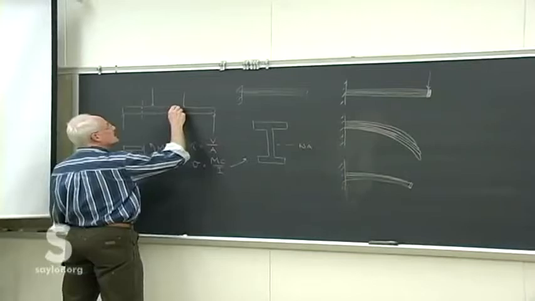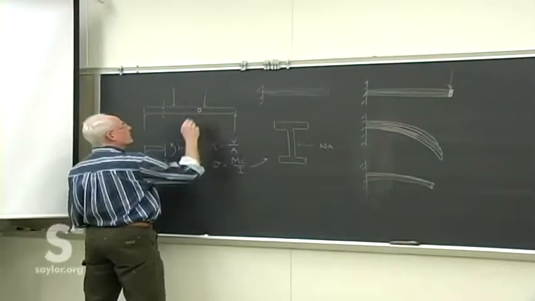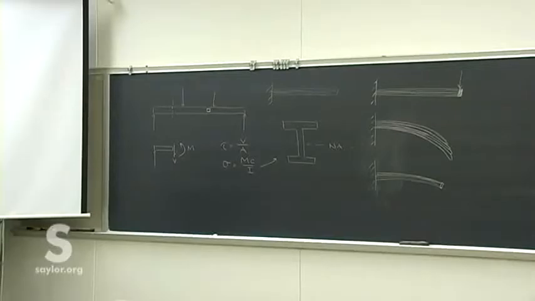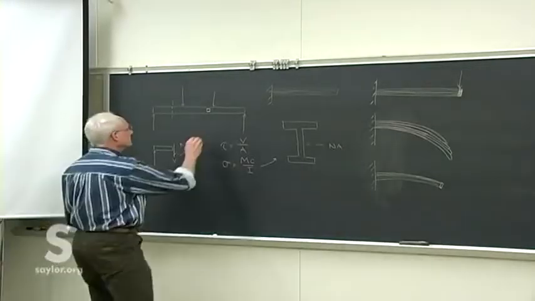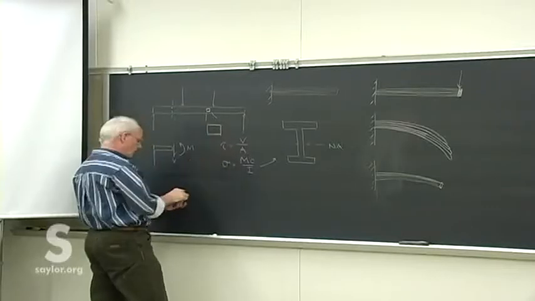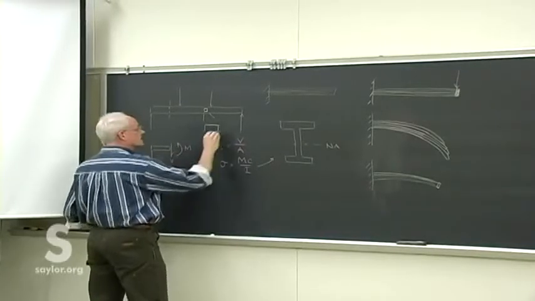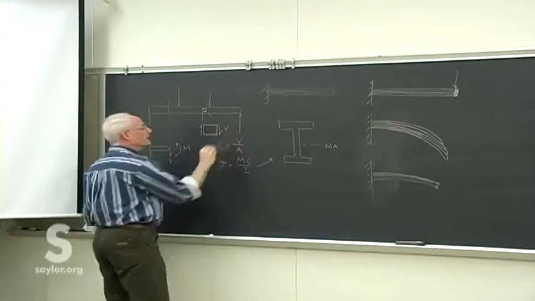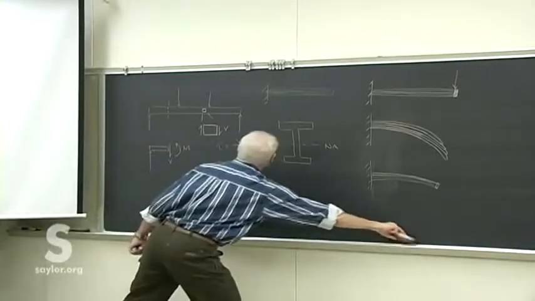So we've seen at least part of it before. If we look at some elemental piece of a beam in any kind of bending, we know that that has the transverse shear that we've been looking at anyway.